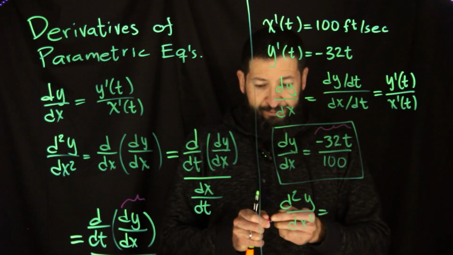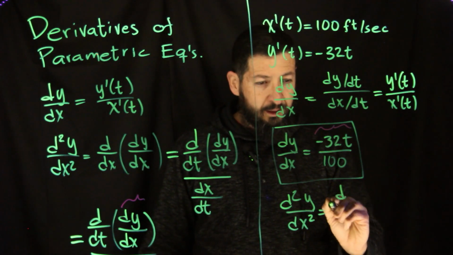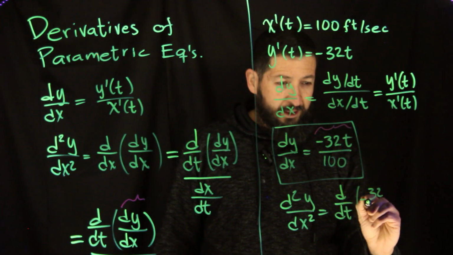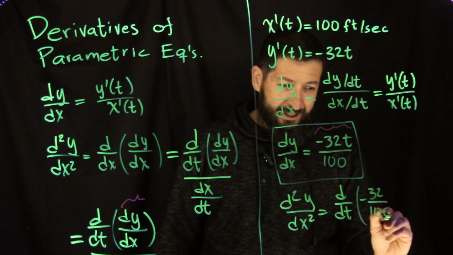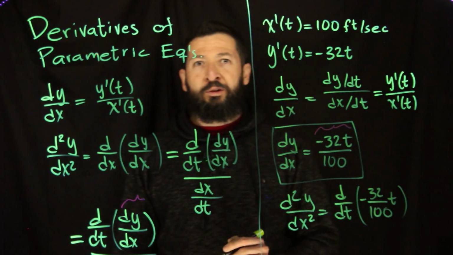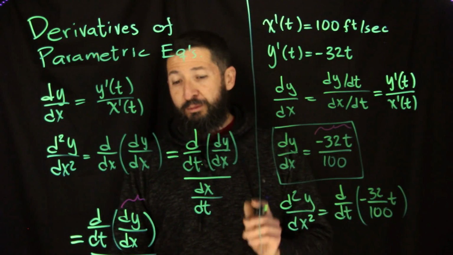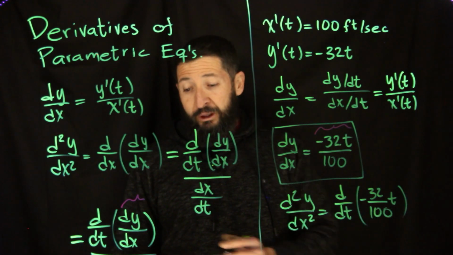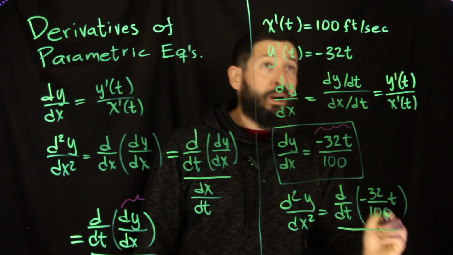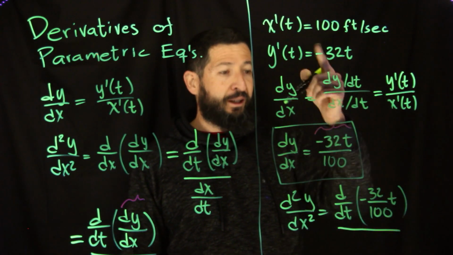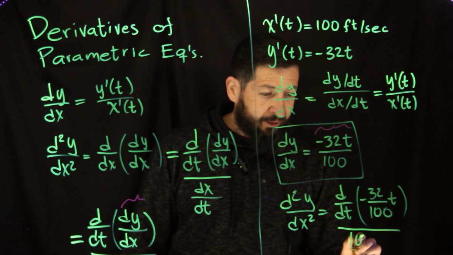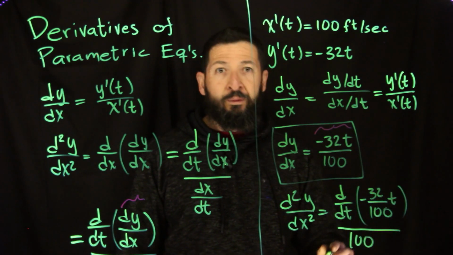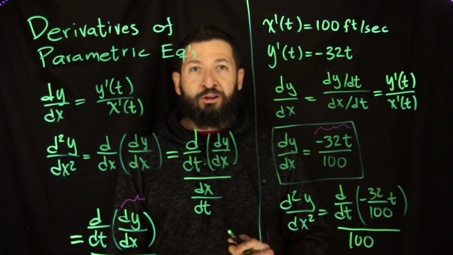I take that derivative with respect to t, and yes, I should simplify, but for illustration purposes right now I'm not concerned about the numbers as much as I am with the idea of what we're doing. Now I'm going to divide at the end by x prime of t, which is going to be another 100 there. So x prime, another 100. The derivative here is just negative 32 over 100. So it's going to be negative 32 over 10,000. But I'm not sure if I can fit it here, so I'm going to stop right there.